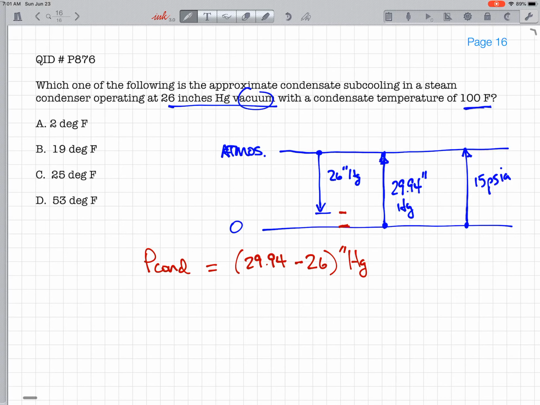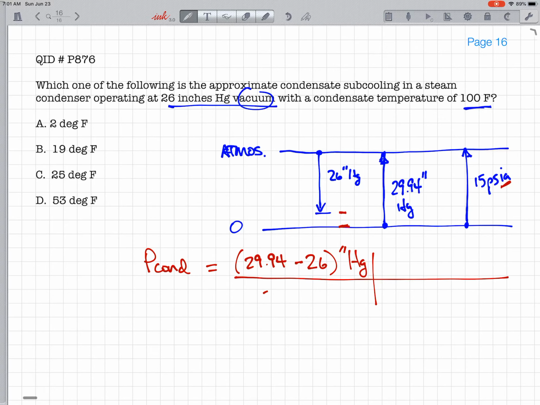So I'll do it the slow and painful way since I'm working these problems out for you guys. So we got to change inches of mercury to atmospheres, and then atmospheres to pounds per square inch absolute.